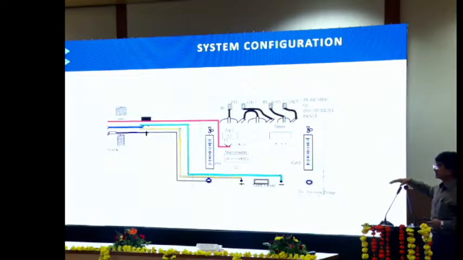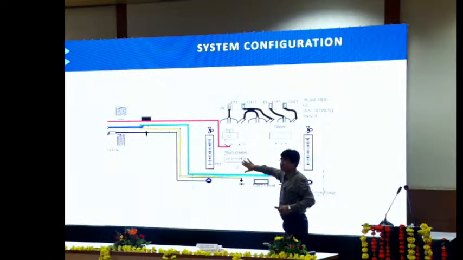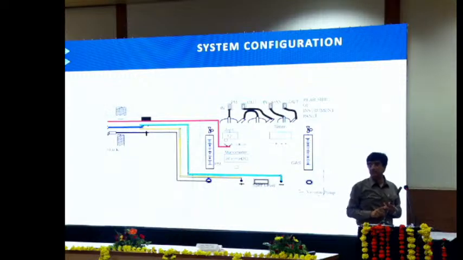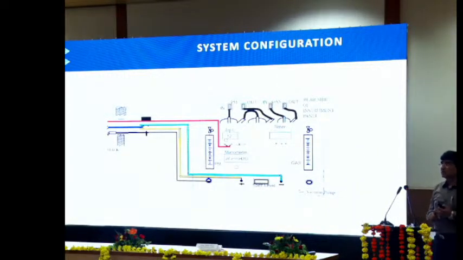But now with the change in technology, we have a digital readout manometer which can directly give you the differential pressure. So once you know the temperature and the differential pressure, you then need to calculate the velocity. In the next few slides, I'll be showing you how those calculations are done.